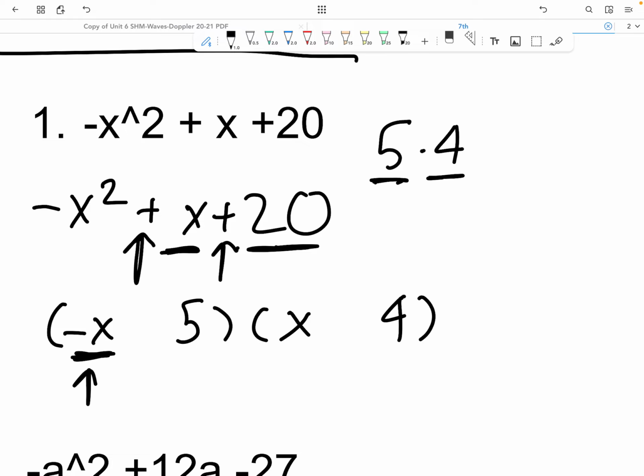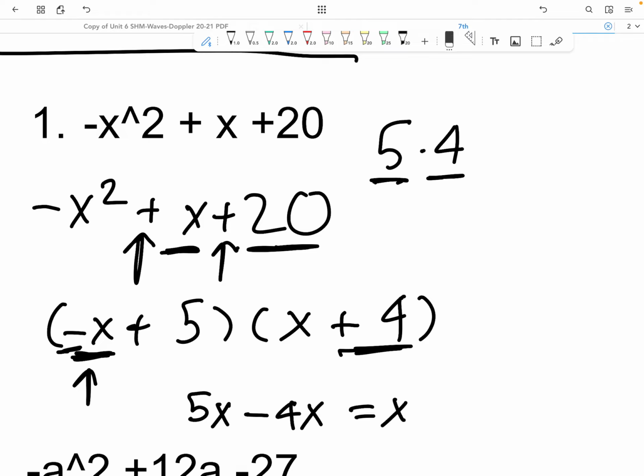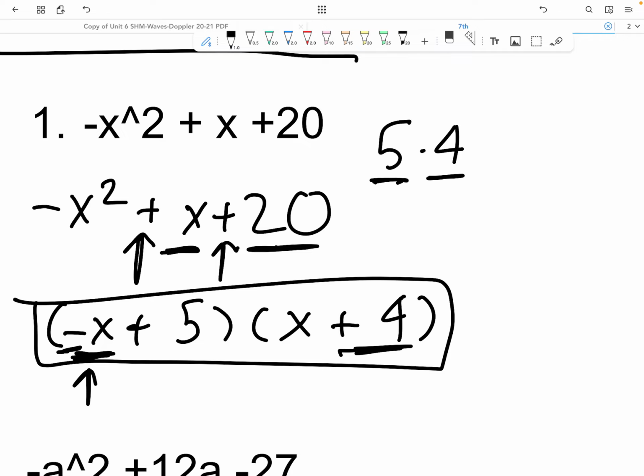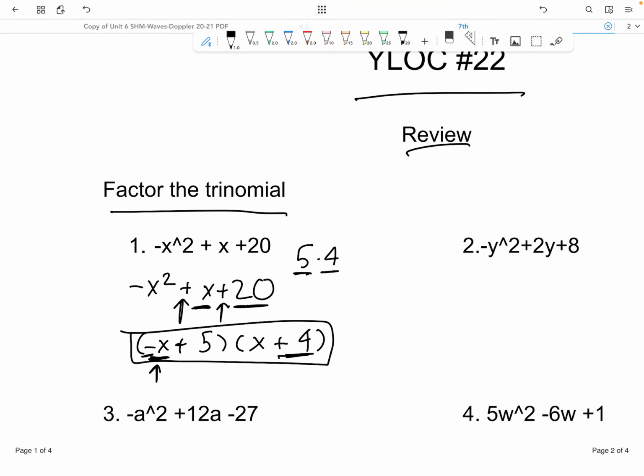So we know that 5 times positive 4 is positive 20. 5x minus 4x, since the negative makes this part negative, 5x minus 4x would just give you x. And that's your answer: negative x plus 5 times x plus 4.